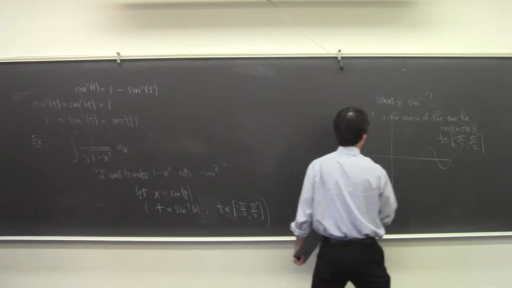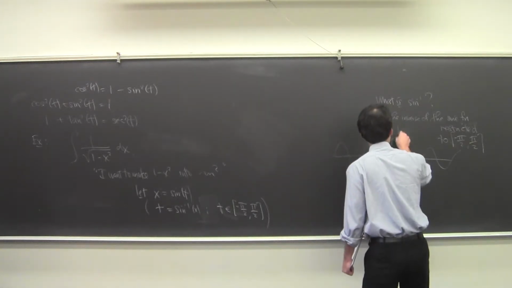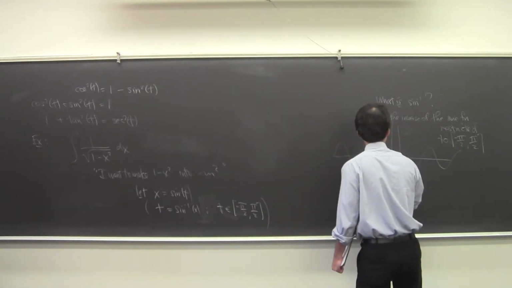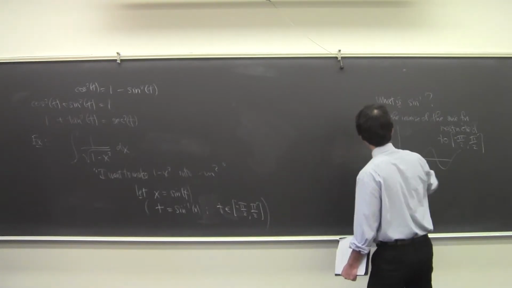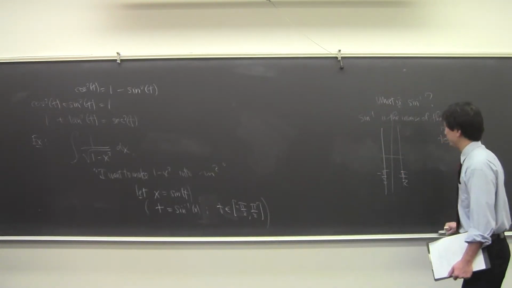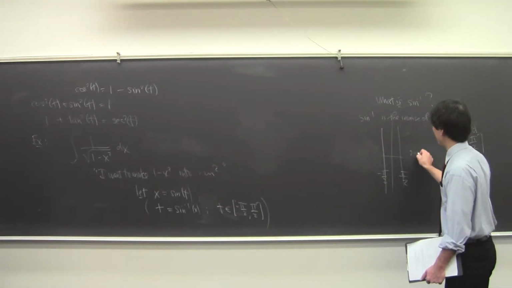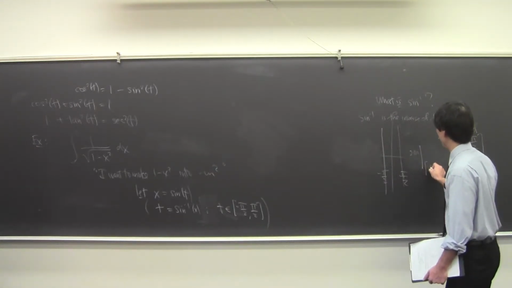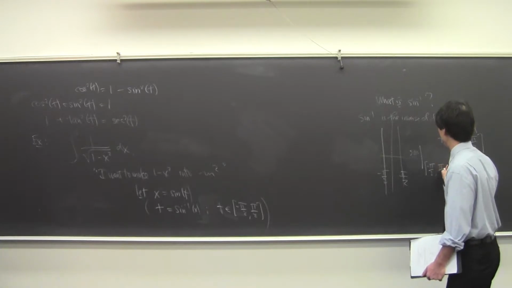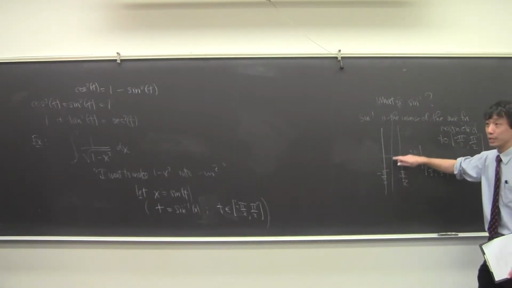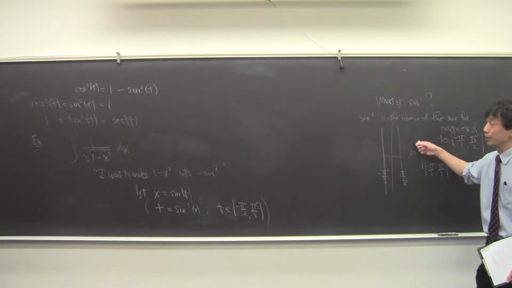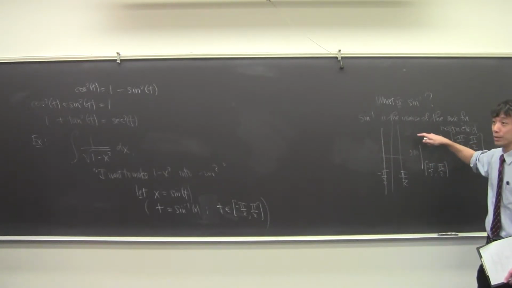So you say, okay, I'm going to restrict my function to negative pi over 2, pi over 2, and just ignore everything else. So now we're looking at the sine function restricted to negative pi over 2, pi over 2. And this function is invertible, and we call the inverse sine inverse.